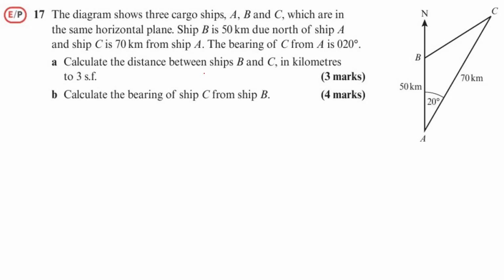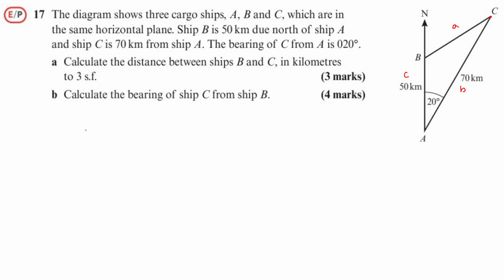Well done. Okay, so read the question. Now we need to calculate the distance between ships B and C in kilometres to 3 significant figures. So we want this point to this point. So we can call this little a. This is B, this is C. We've got two sides and an angle.